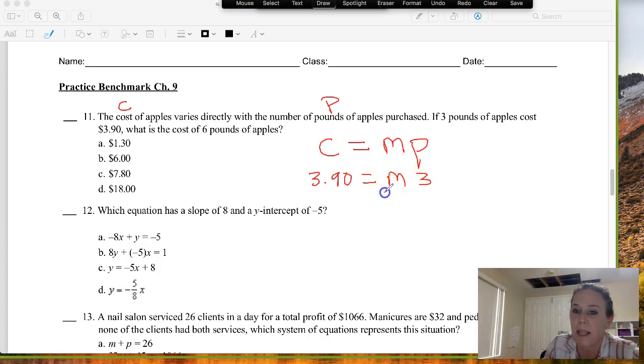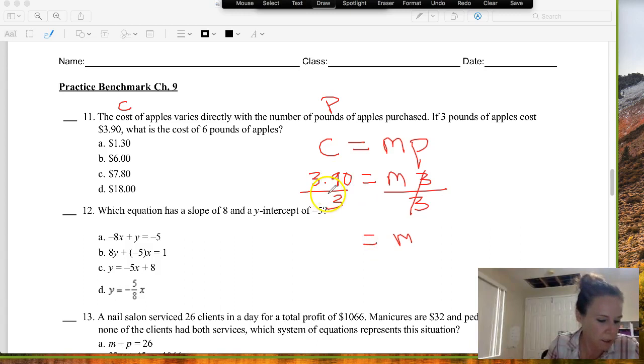That will tell me exactly how it varies. Solve for that constant. Solve for that m. And divide both sides by 3. So m equals, let's see, $3.90 divided by 3 is going to give me, that goes into that once, and that goes into that 3 times. So 1.3, or 1.30 if you're talking about money, $1.30. All right, so there's our constant.